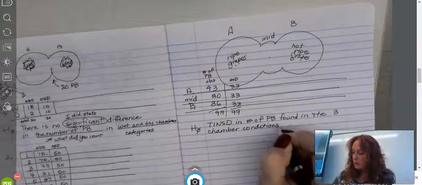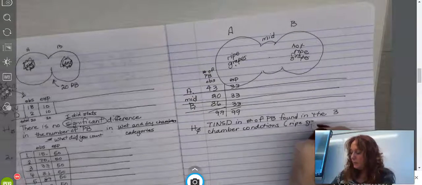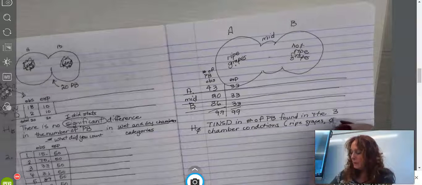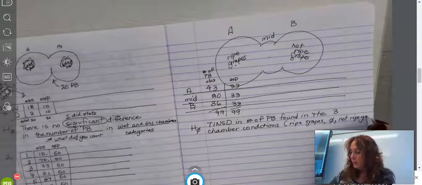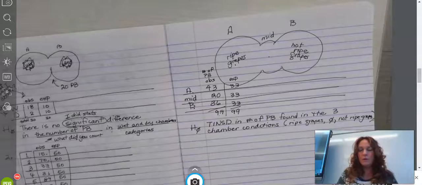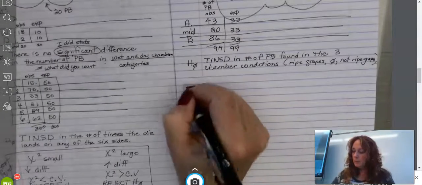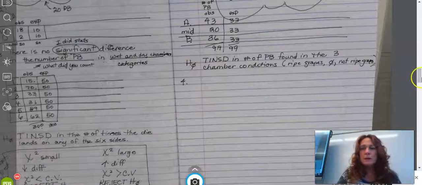And then you really should put what those are: ripe grapes, nothing, not ripe grapes. Oh, wow. Okay. And then you do the math for those. And this was number 3. Okay, move that up there. Get ready for 4. Let's set up 4.